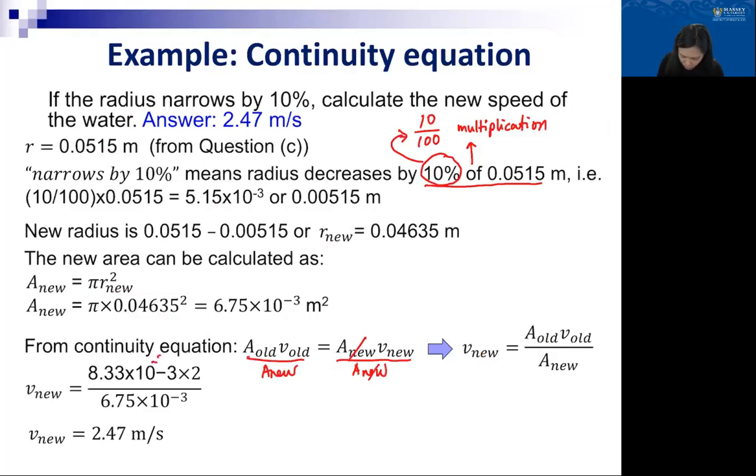Again, another correction: the format is being changed here, but that's times 10 to the minus 3. So that's an exponent of minus 3, not a subtraction. Okay, so the old area, which we calculated from before, times the old speed, 2 meters per second, divided by the new area, gives you a new speed. So you can see that when the area decreased, the speed increased, because of the continuity equation.